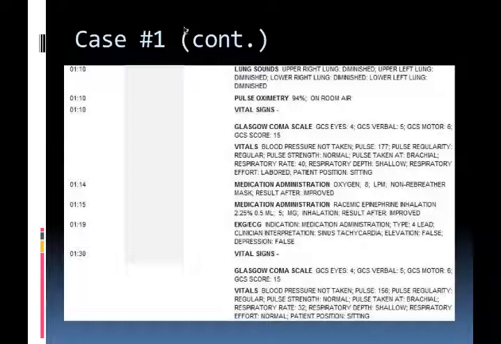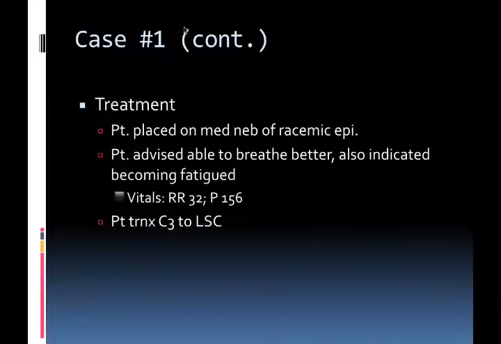EKG was obtained and got sinus tach on the monitor. And so improved. Respiratory rate was down from 40 to 32. Heart rate was still high as transported to Salmon Creek.